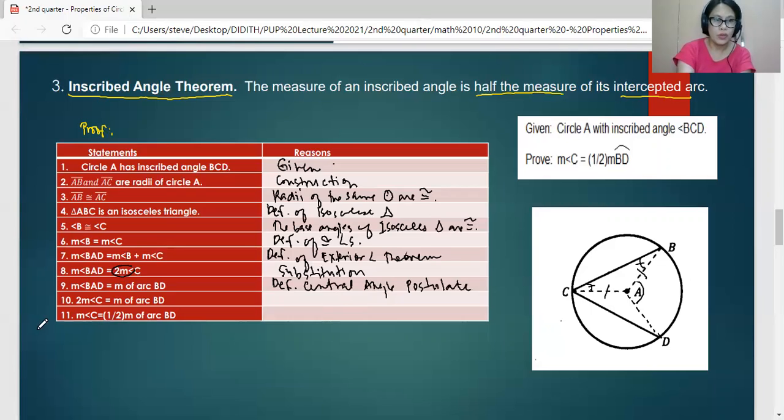And then twice the measure of angle C is the measure of arc BD. We replace the left side using twice the measure of angle C, which is equal to the measure of angle BAD. So we did some substitution.